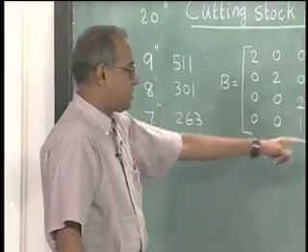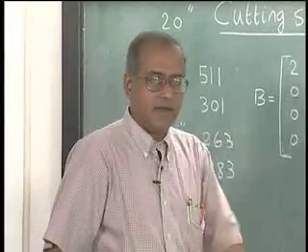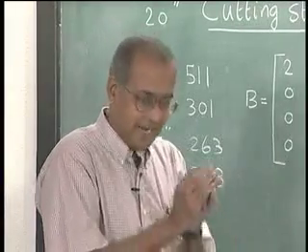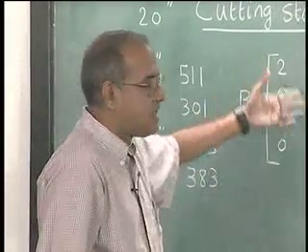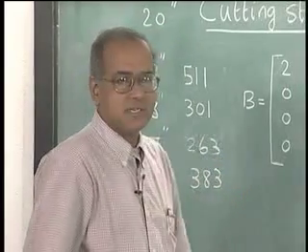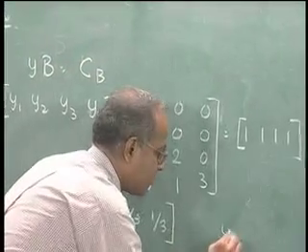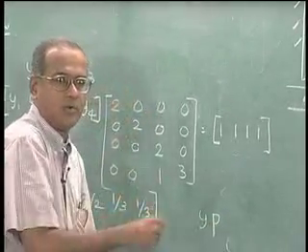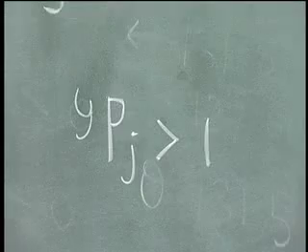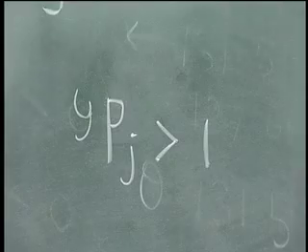Now, having found the dual y, we now want to find out whether there is an entering pattern. So, if there is an entering pattern, then that pattern will enter and replace one of the existing patterns, and such an entering pattern should satisfy the condition that y into P bar j, which is equal to y into Pj, is strictly greater than 1.